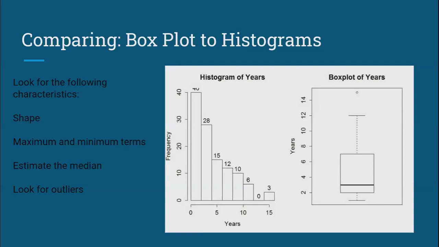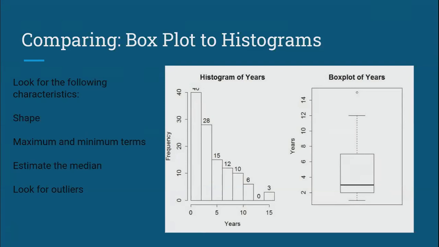Ladies and gentlemen, did you see that? Remember, when you are estimating the median on a box plot, it is there because that is your Q2 value. But when you are looking at the histogram, they usually have either numbers or percents up here, and you want to get to 50.